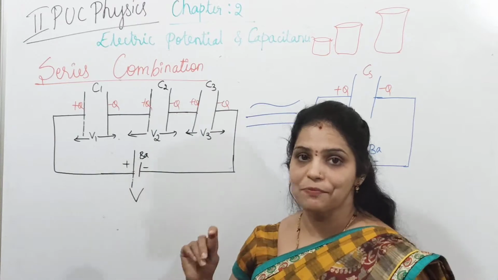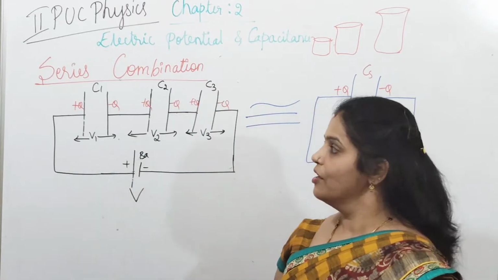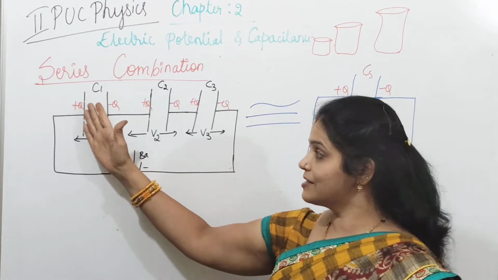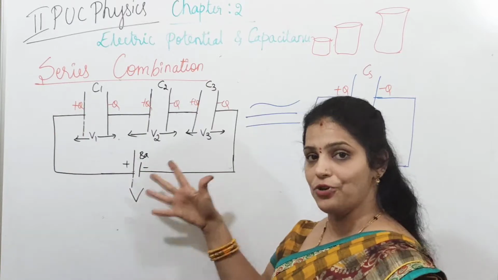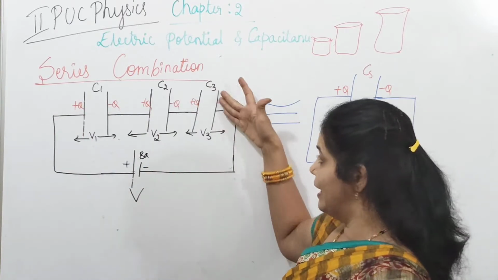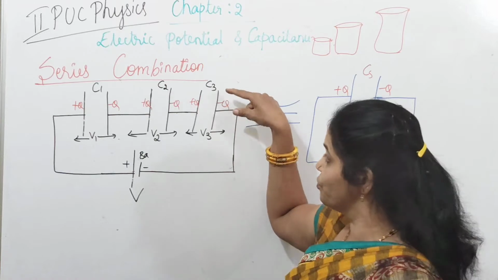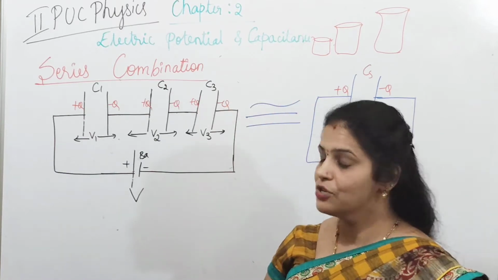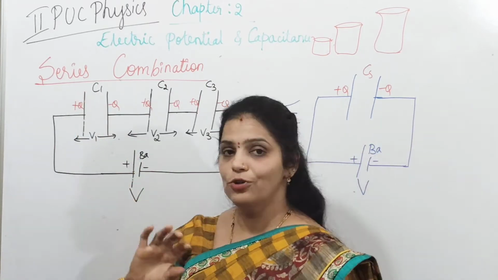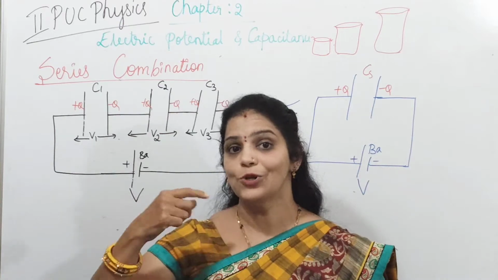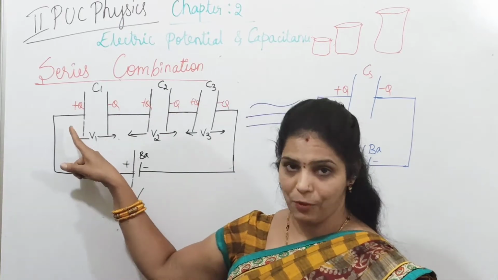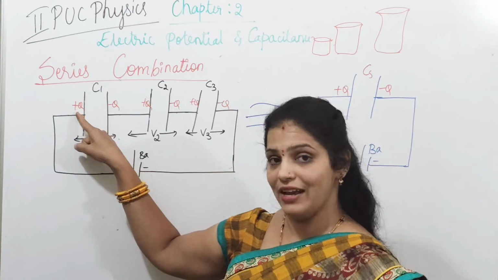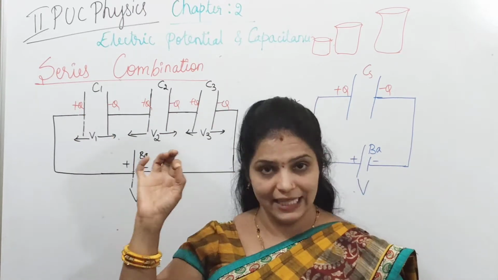So the last plate gains electrons. Whatever number of electrons the first plate loses, the same number of electrons will occupy the last plate. If the first plate loses 5 electrons, since it loses electrons, the first plate becomes positive, so it will be plus 5e.